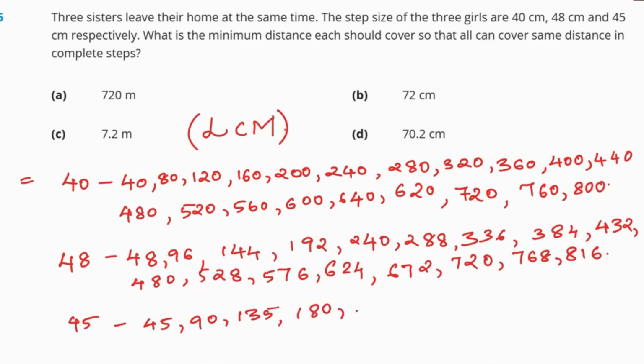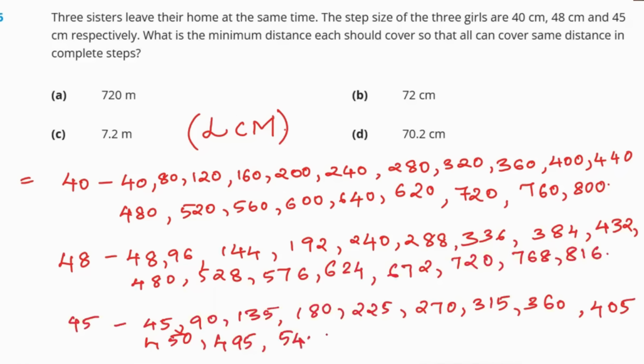Okay, 180, 225, 270, 315, 360, 405, 450, 495, 540, 585, 630, 675, 720, 765, 810. These are the multiples.